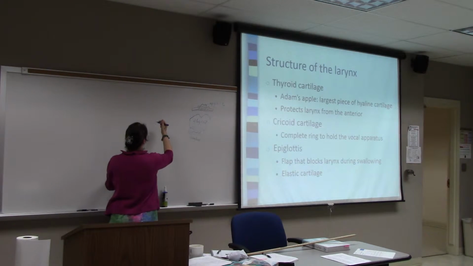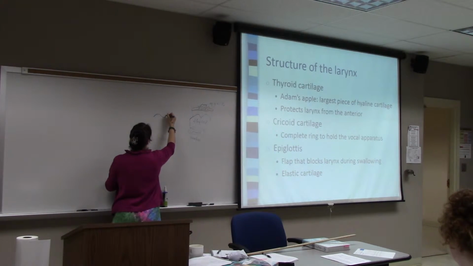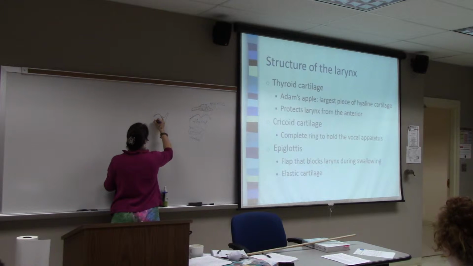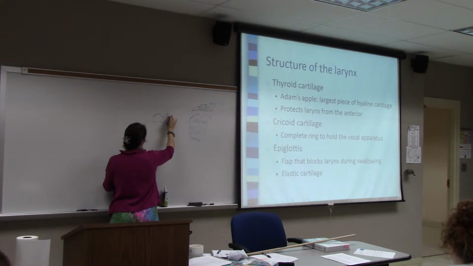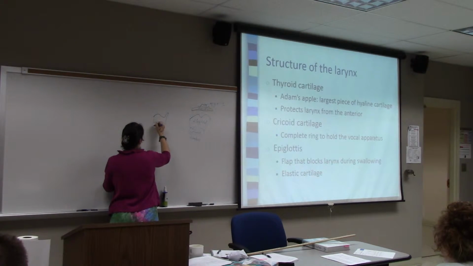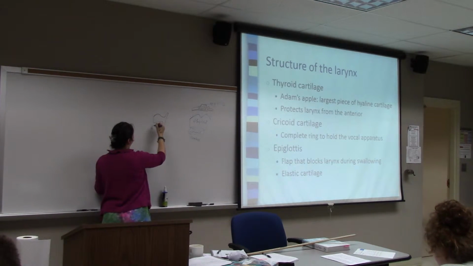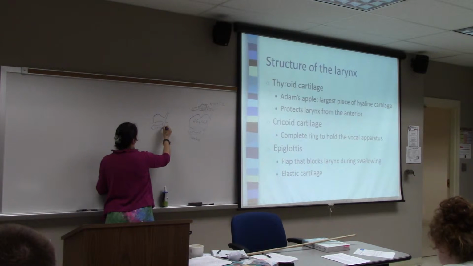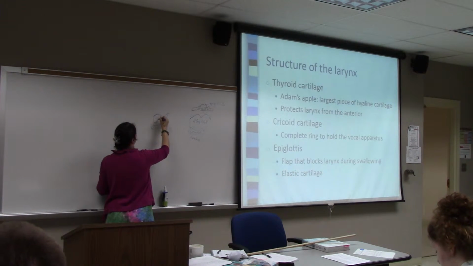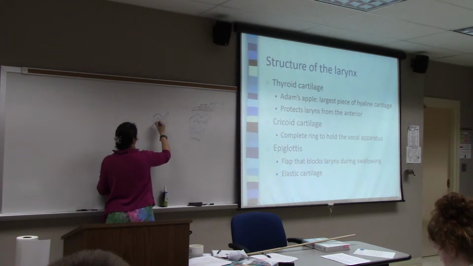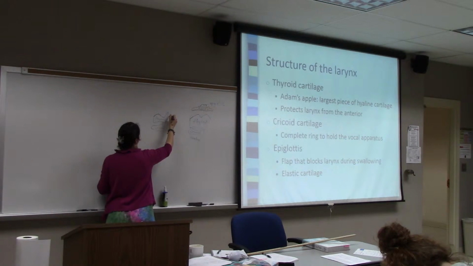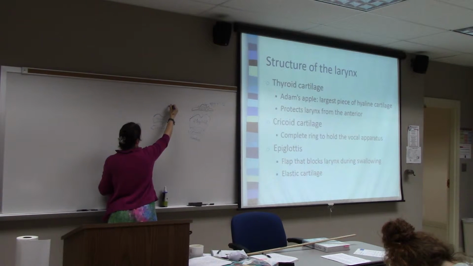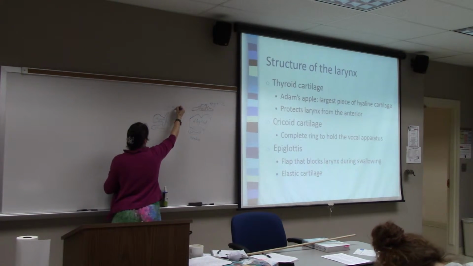If we look from the side, the thyroid cartilage has some spikes in the back and then an open area. The cricoid is shorter in front, taller in back. I'll just put in these ligaments. And then you have the hyoid again and see some epiglottis.